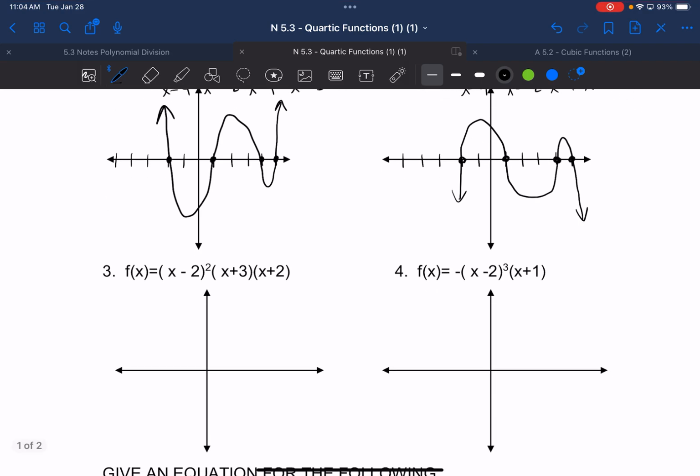According to number 3, where do we have zeros? Good. All right, so I'm going to go and plot those zeros. So we've got one at 2, -3, and -2.